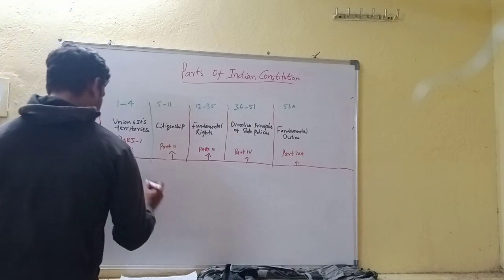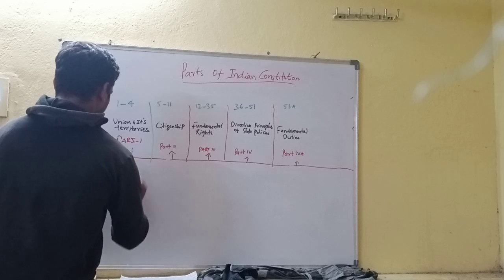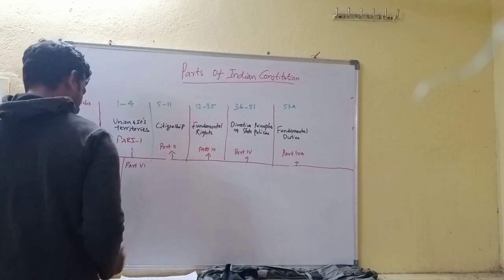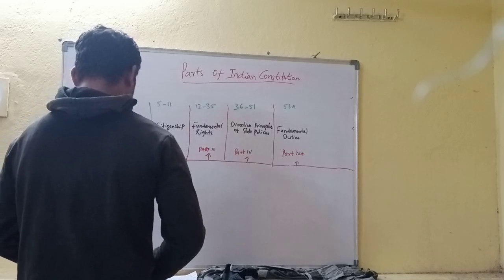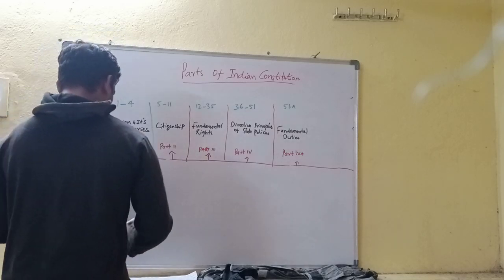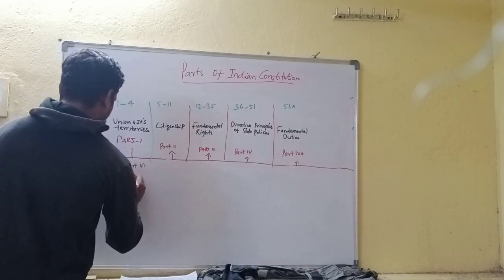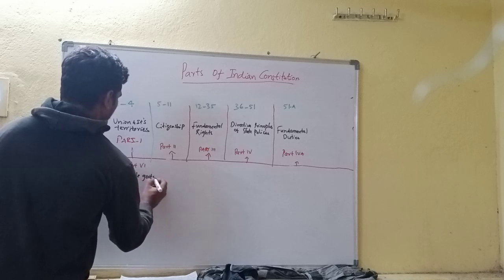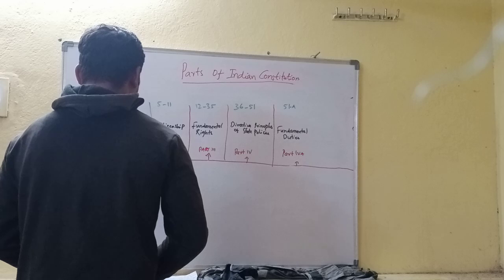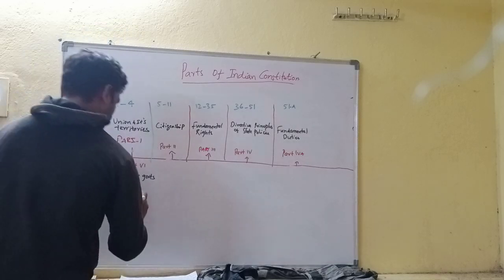Next, Part 6. Part 6 is the State government. Articles 152 to 237.